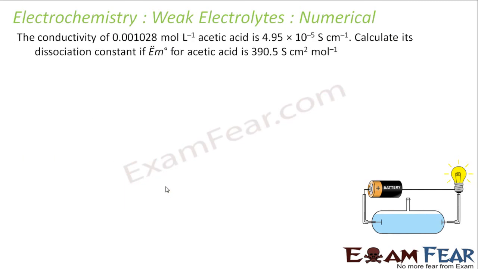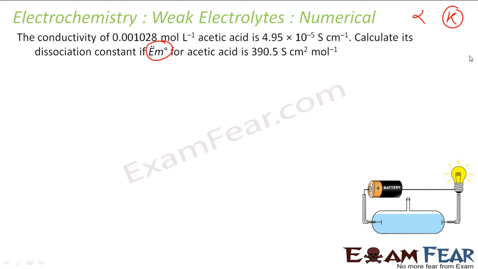The next question I have is that the conductivity of some concentration of acetic acid is given, and we have to calculate its dissociation constant. That is, we have to calculate alpha and K, if lambda m naught is given.